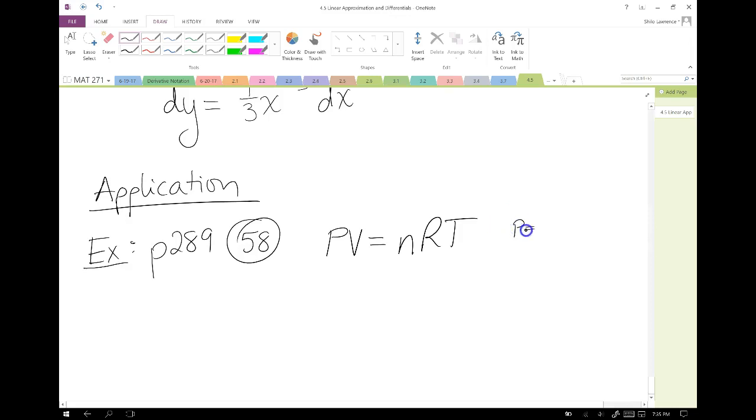So P equals pressure, T equals temperature, V equals volume, N equals number of moles, and R is universal gas constant.